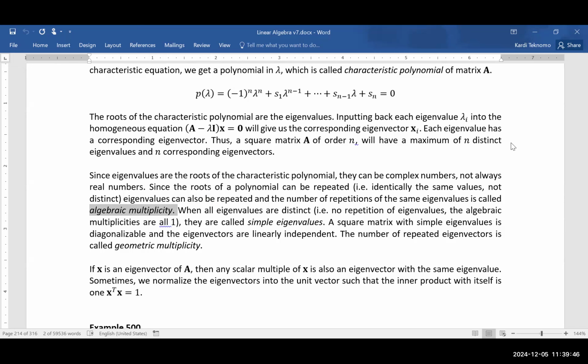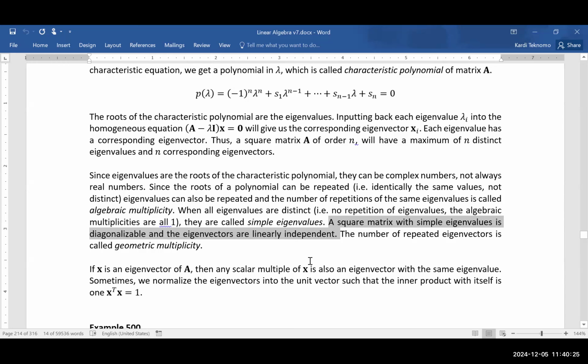Now a square matrix with simple eigenvalues is diagonalizable, and this is the most important part: the eigenvectors are linearly independent. That means they can become a basis.